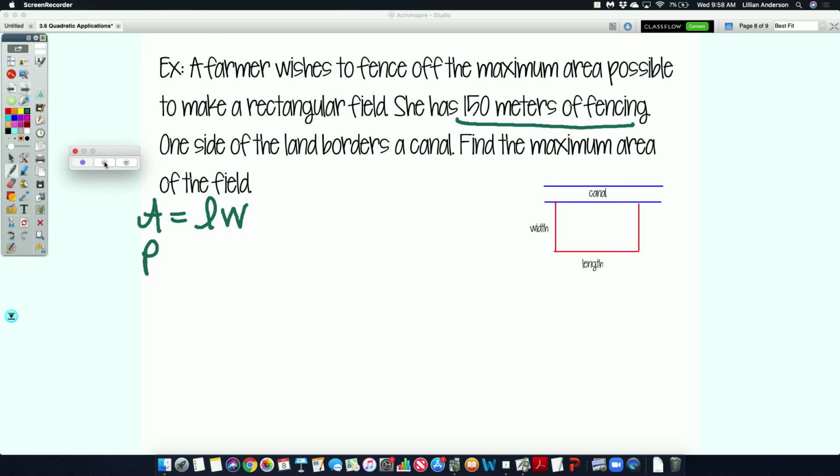P equals 2W plus 2L. That's a normal rectangle. But one of my sides has a canal. Am I going to put a fence around the canal? No, you're not. So it's actually going to be altered. It's going to be 2W plus L. So we need this equation as well.